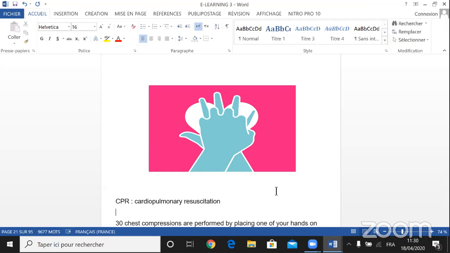Chest compressions. Excellent. So you press the chest. For which reason do you perform these chest compressions 30 times? When there is cardiac arrest. Good.